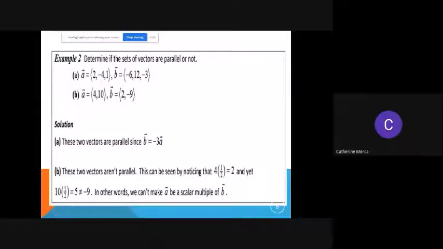B is the same as negative 3 times vector A, which is (2, negative 4, 1). Bringing it inside, we get negative 6. Negative 3 times negative 4 is positive 12. Negative 3 times 1 is negative 3. Which is indeed your B.